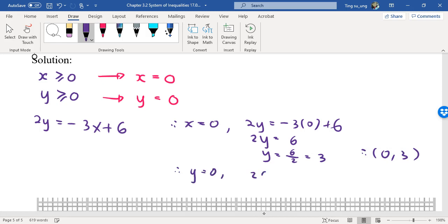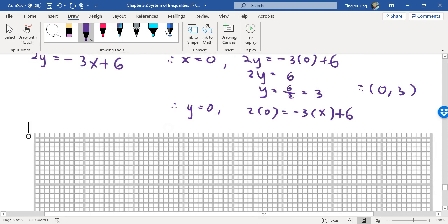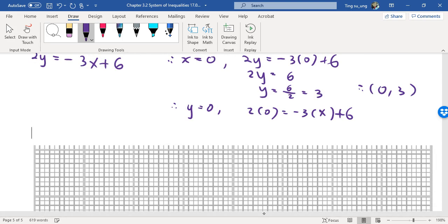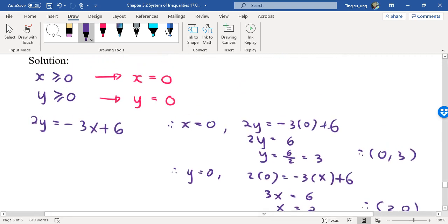Then your x you don't know yet, so 3x equal to 6, and x equal to 2. So your point is (2, 0). These are your respective intercepts on x and y. Since you have 2 points, later you can join them together.